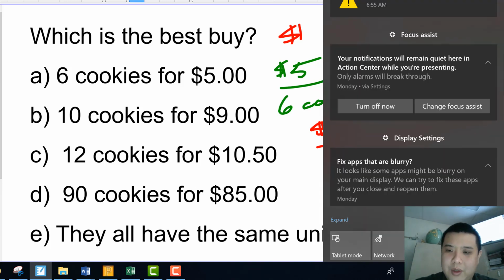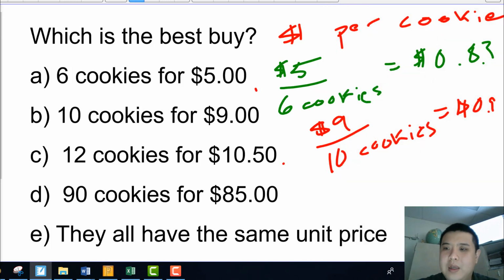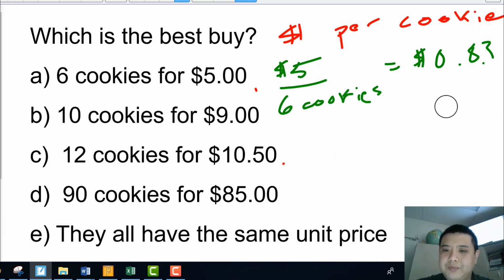So that's not going to be the correct one. So 90 cents is not correct. So let's just erase that one because we know that one's wrong. Let's try C.